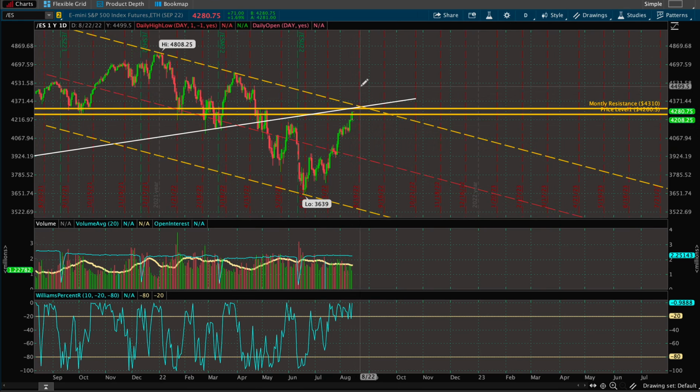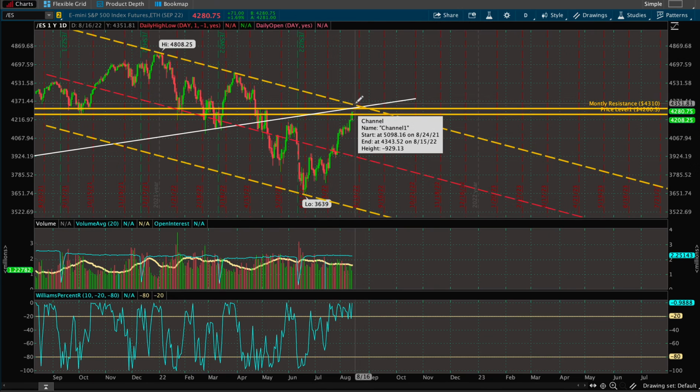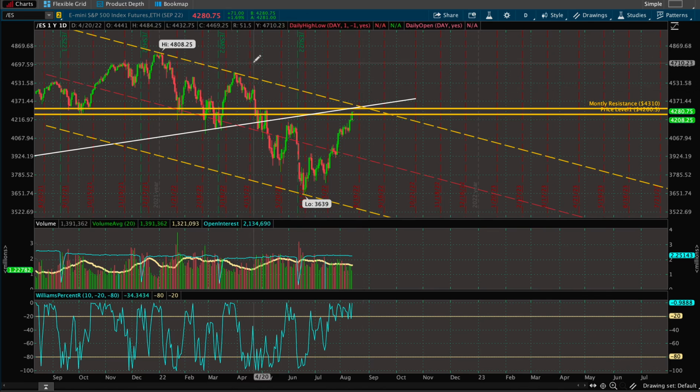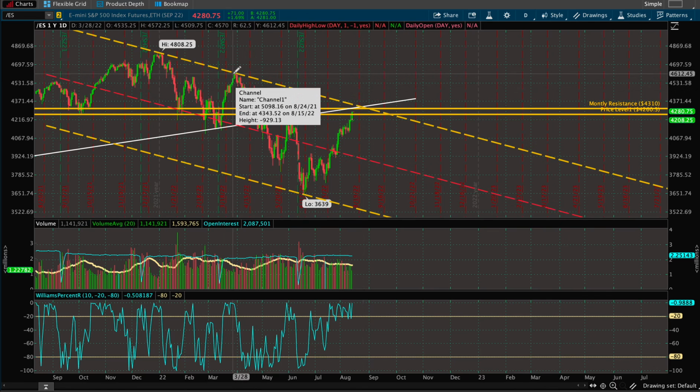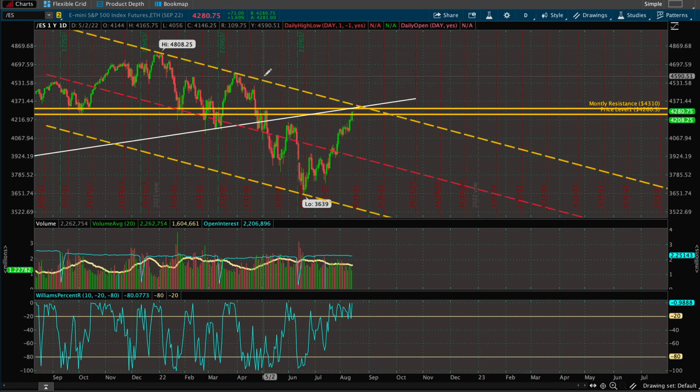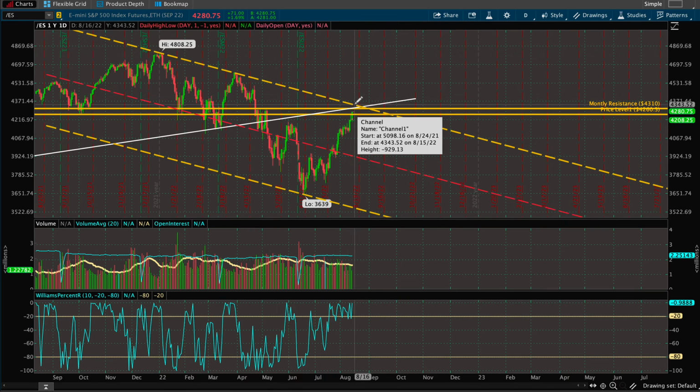So if 4331 is broken, we are actually breaking the whole bearish move, and definitely a point where I will take longer positions, because then we are targeting all the way here at 4600 and going all the way to the top. So if 4331 is broken, then 4495, there is a lot of resistance, but that's definitely the official breaking of the bearish channel. So I would take positions for long, but as of now we're not there.